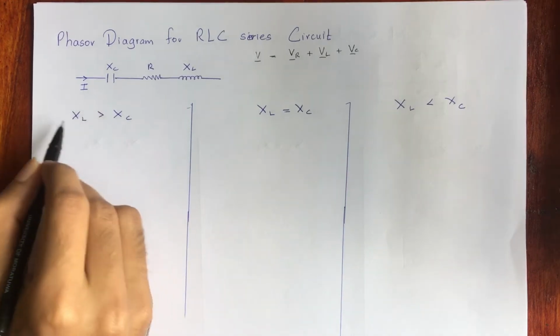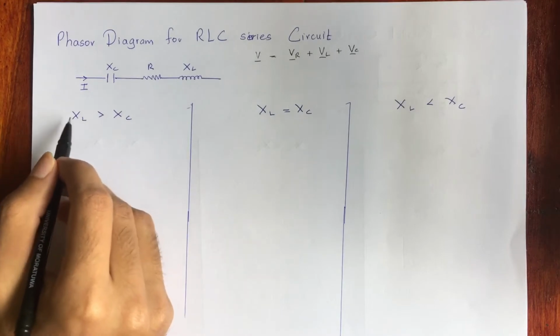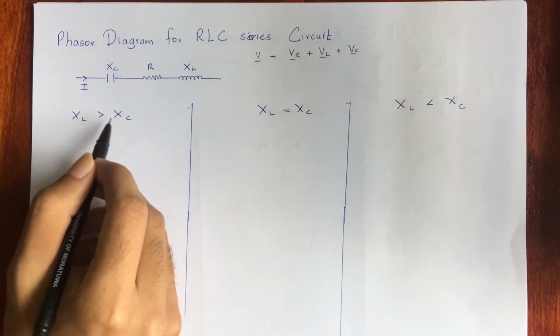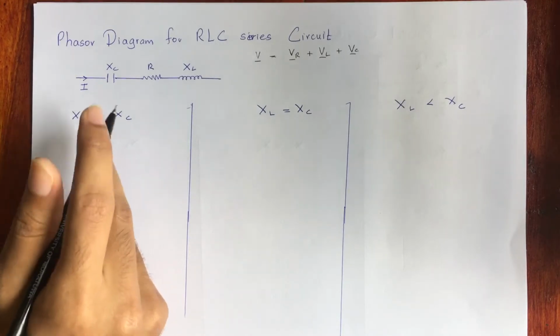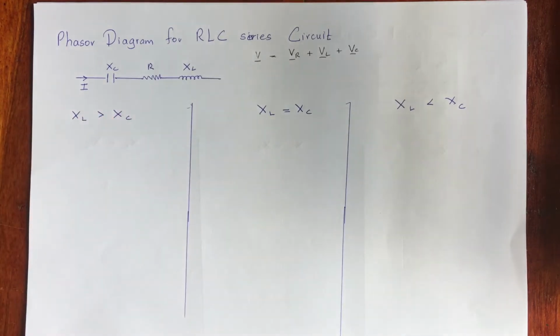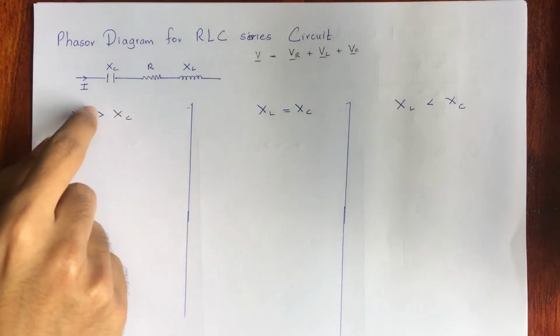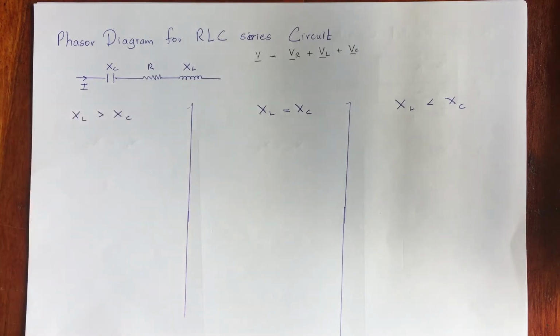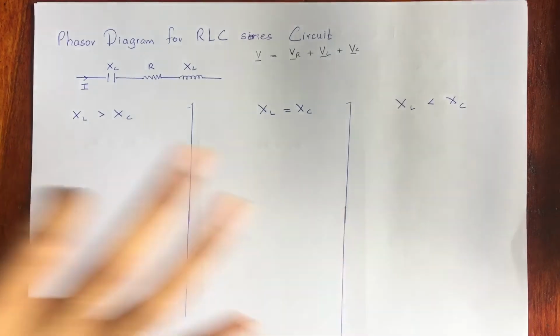First of all, let's multiply this. Actually, they have given that XL is greater than XC. Before drawing the phasor diagram, we need to figure out whether the voltage across the capacitor or the voltage across the inductor is higher in this case. When we are drawing the phasor diagram, we draw it for voltage as well as current in these three cases.